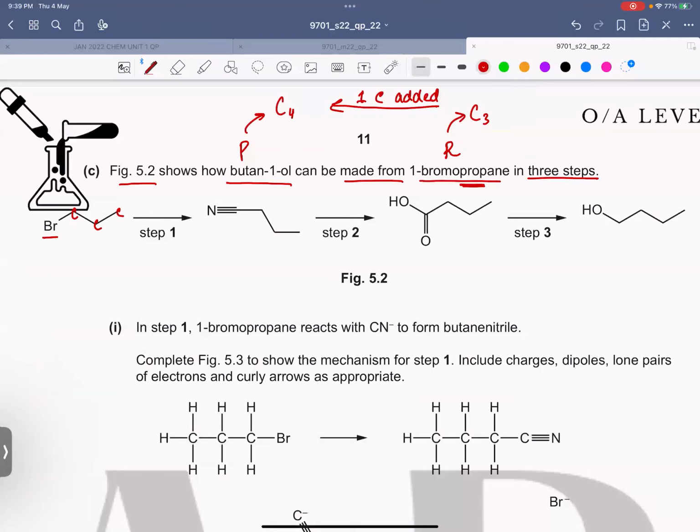And here you have a bromine. In step 1, the bromine is replaced by cyanide, and now it becomes a nitrile having 4 carbon atoms. So 1-bromopropane turns into butanenitrile.